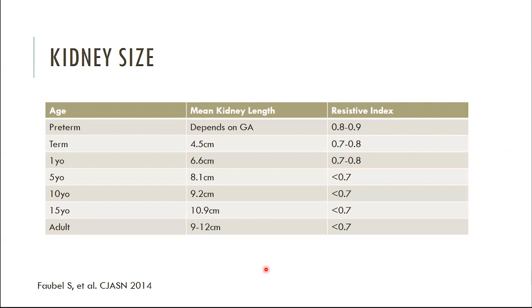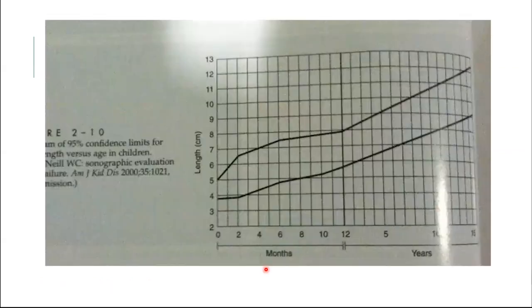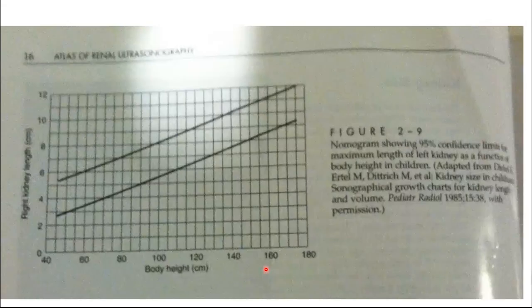So a full-term baby is roughly 4 to 4.5 centimeters. If they're a 30-weeker, their kidney length is about 3 centimeters. There's a few different nomograms out there. There's some on Google. I haven't found any that are well validated or consistently used across nephrologists or radiologists. So just kind of pick which works for you.